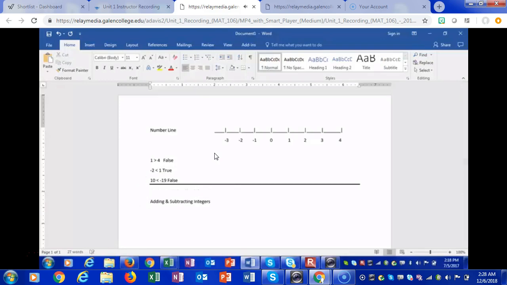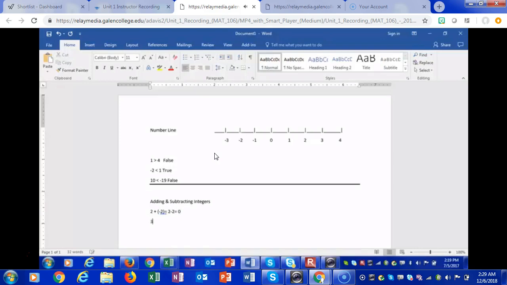So, let's look at some problems and see what we know based on positive and negative numbers. For example, 2 plus -2. Of course, we have two different operations going on. So 2 plus -2, if you were to look at it, you could actually say 2 minus 2. And that is the equivalent of what is 2 minus itself. 2 minus 2 is 0.